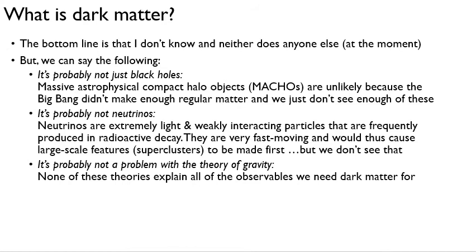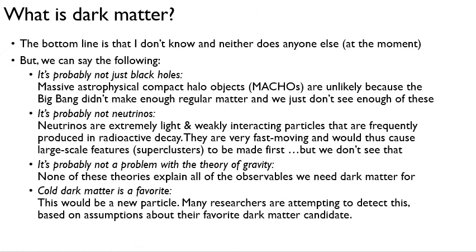So maybe we need to add another layer on top of this, or it's really a more complicated description of gravity. One name for this is modified Newtonian dynamics, and the problem is just none of these theories work. There are lots of observations of dark matter, I just covered a few here, and no theory of gravity works for that, so probably not that.